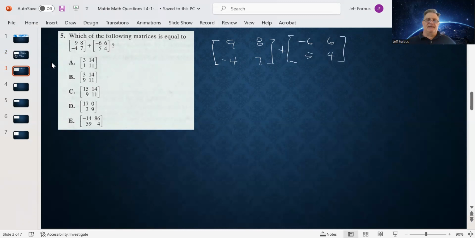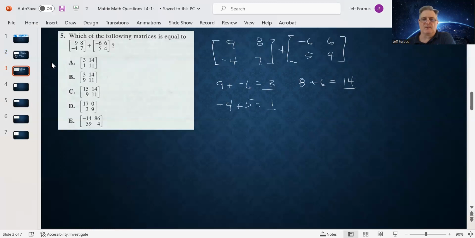Now we're just going to take each location that pairs up with one another. So we're going to take 9 plus negative 6. That's equal to 3. 8 plus 6, it's equal to 14. Negative 4 plus 5, that's equal to 1.